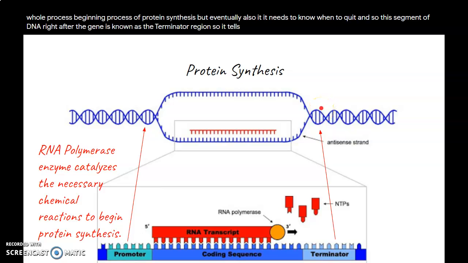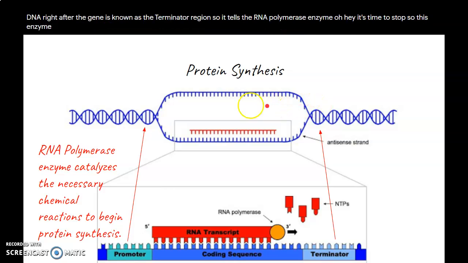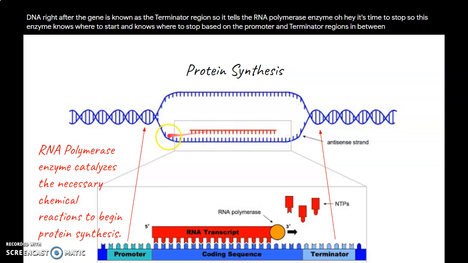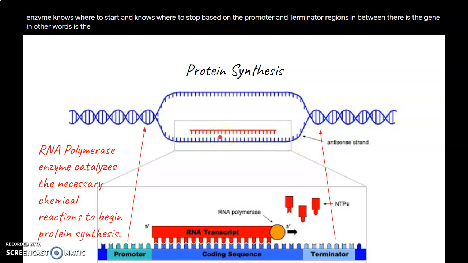It tells the RNA polymerase enzyme, oh hey, it's time to stop. So this enzyme knows where to start and knows where to stop based on the promoter and terminator regions. In between there is the gene. In other words, it is the code for making the protein that is supposed to be made.